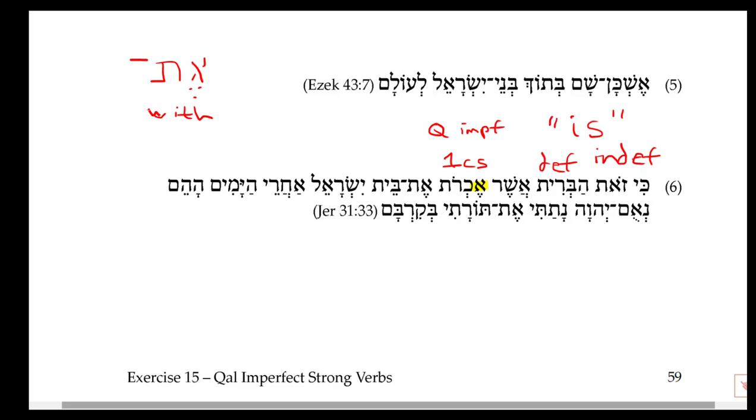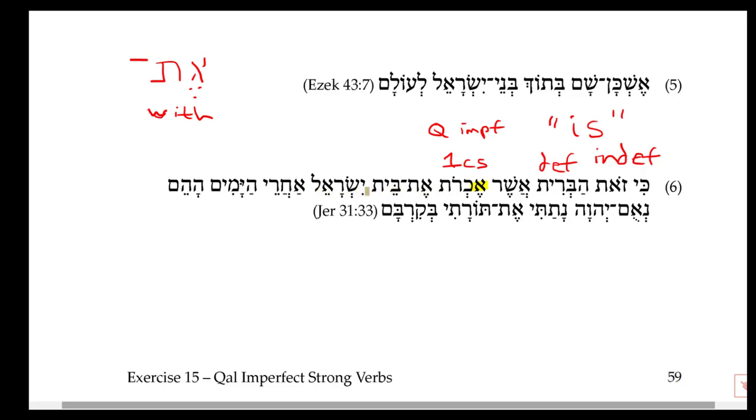And we have to decide in context. It looks like here that berit is acting like the direct object of what I will cut. This is the covenant which I will cut. I'm going to cut a covenant. And so this fits better if we say with, then we have Beit Yisrael. So with the house of Israel.